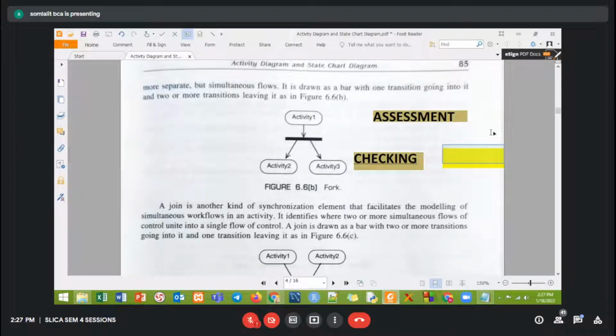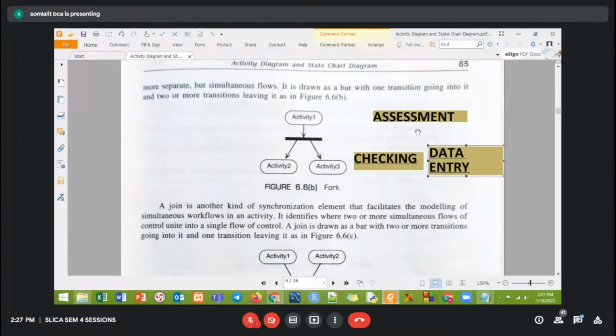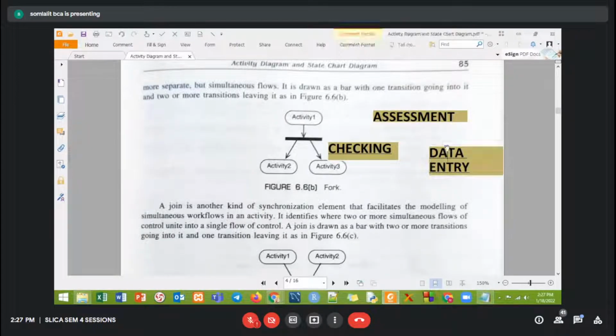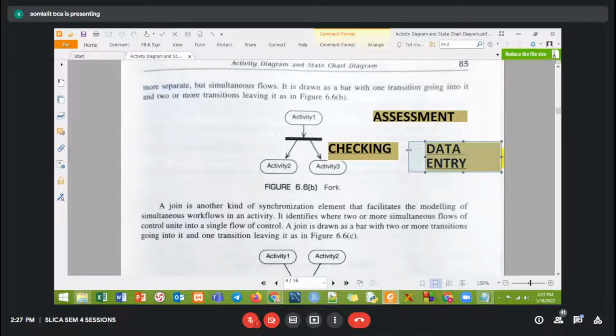Data entry can be considered as a second activity. So one particular activity, assessment, is broken down into checking as well as data entry. If checking and data entry are not performed completely, then the result cannot be declared. So splitting an activity into sub activities is known as a fork condition.